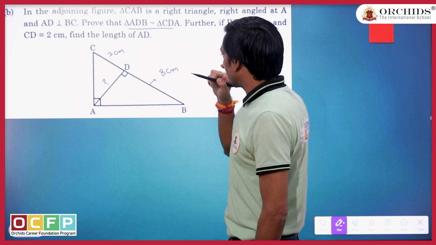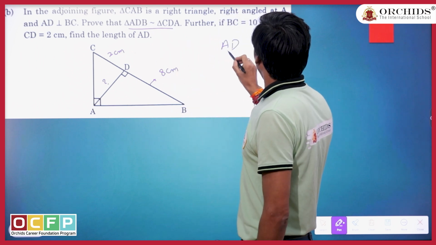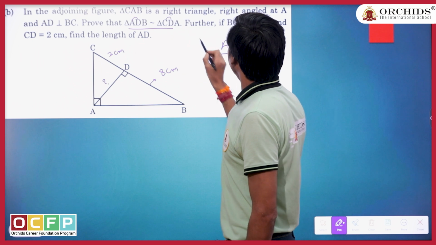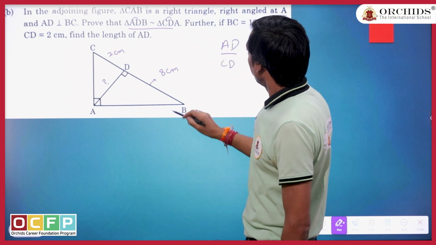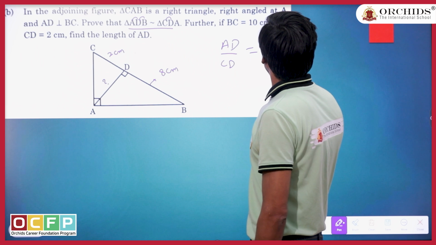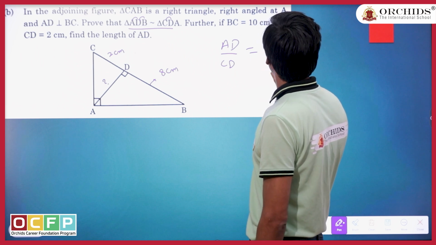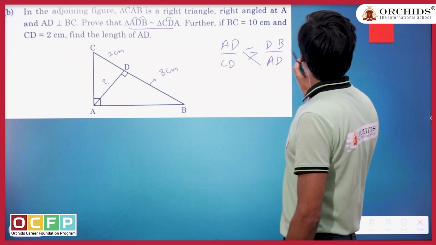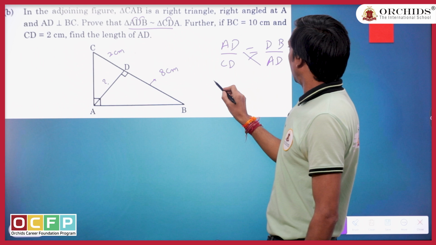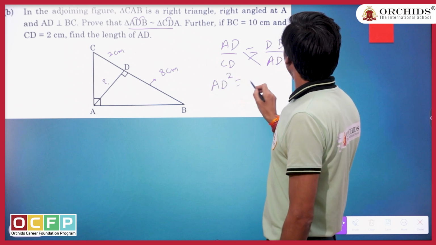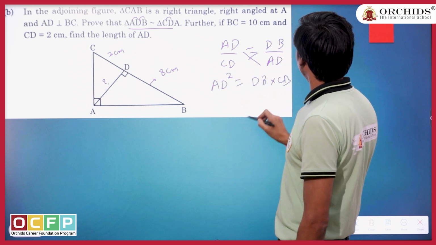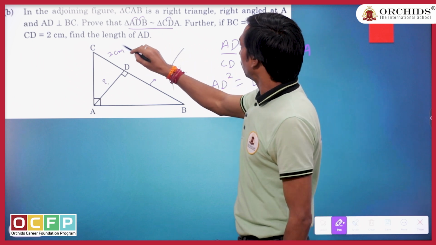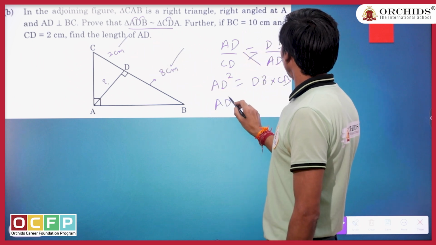From this triangle, I can say AD upon CD is equal to the other side given here, DB upon AD. If you cross multiply, AD square is equal to DB into CD, and both sides are given. 8 into 2, AD square equals 16.